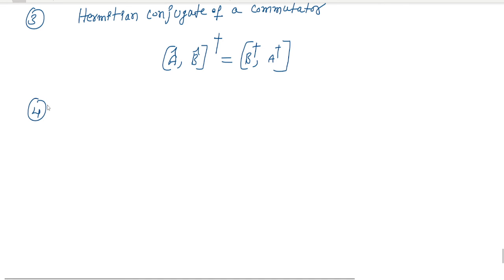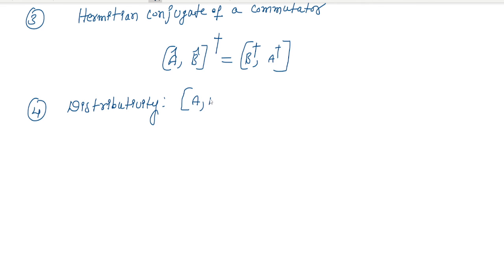Next, the fourth property is distributivity. So in case A, B and C are there, then you can apply like this: [A, BC] equals B[A, C] plus [A, B]C.